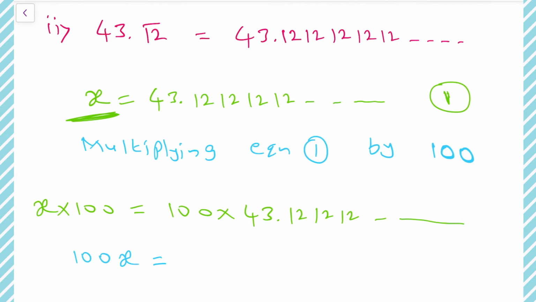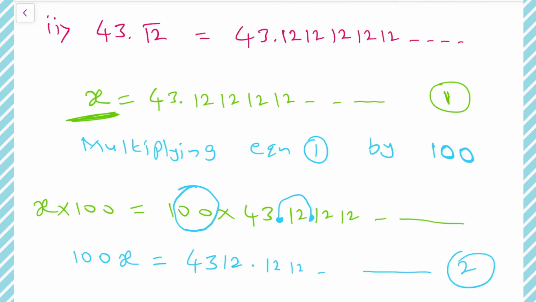Here we are multiplying with 2 zeros, so the decimal point will move 2 digits to the right. So the decimal will come here, and this will become 4312.121212 and so on. This is equation number 2. Now we need to subtract equation 1 from equation 2.